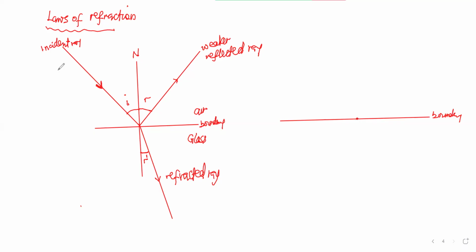So let's draw a normal. So if this is the normal, then incident ray.